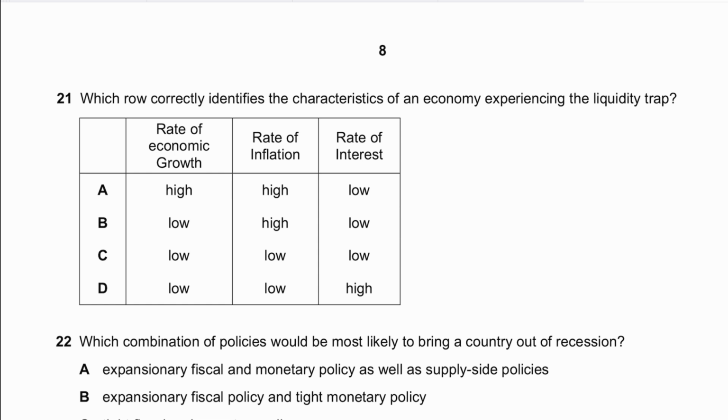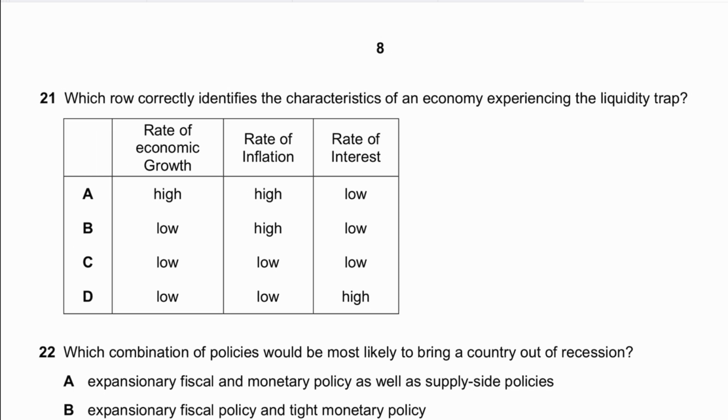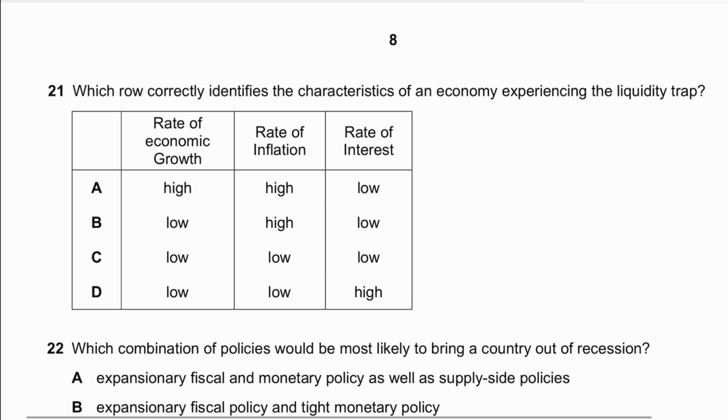So if you look at the following three characteristics that are present, the rate of economic growth in a liquidity trap is very, very slow, despite the fact that your interest rates are very low in the economy, because your monetary policy just fails over there.